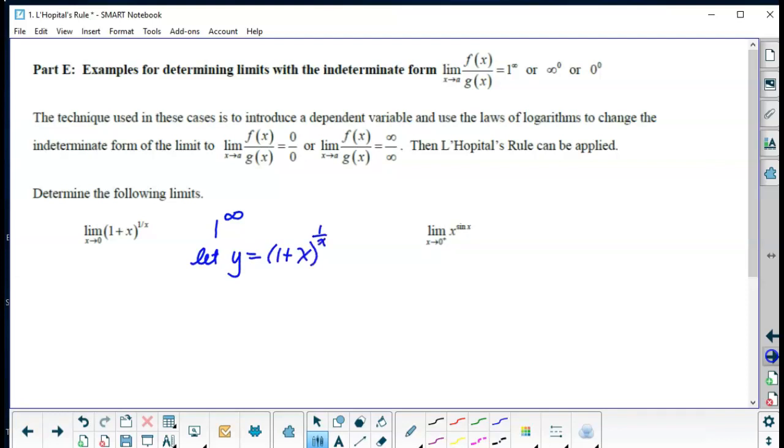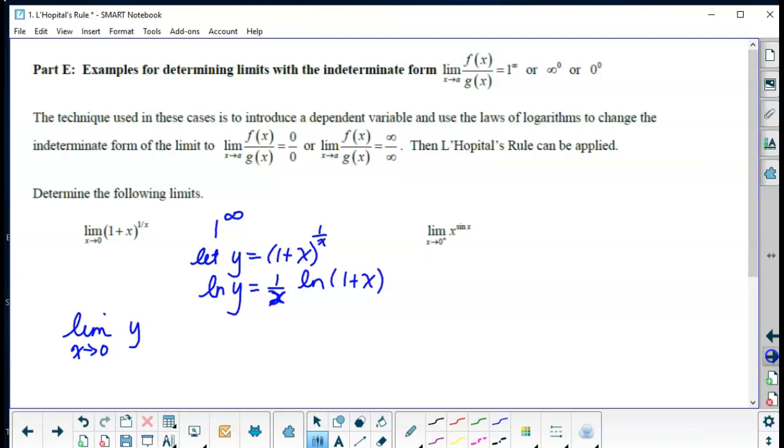So then if I take the natural log of both sides, 1 over x, ln of 1 plus x. And so now, really what I'm doing is taking the limit of y, still as x approaches 0.